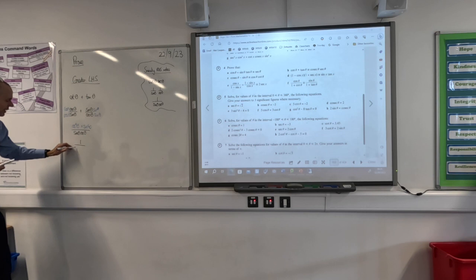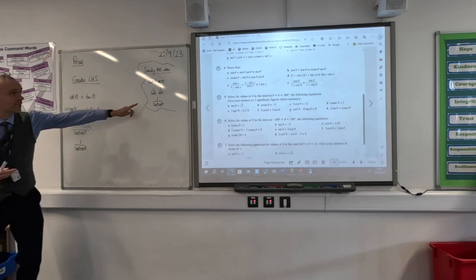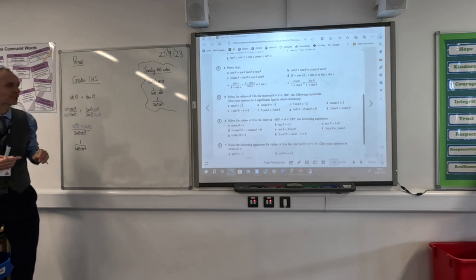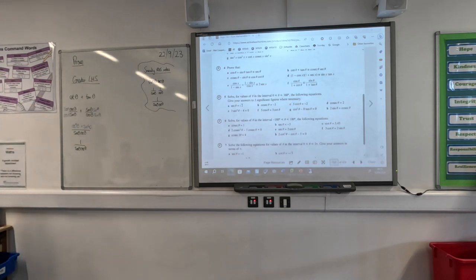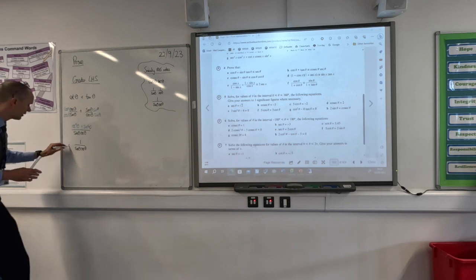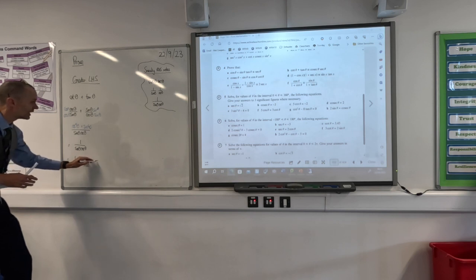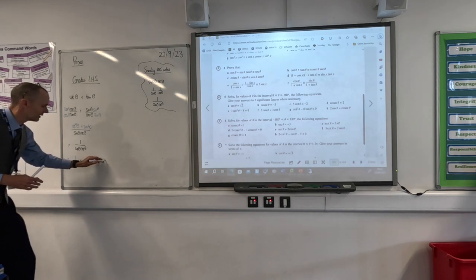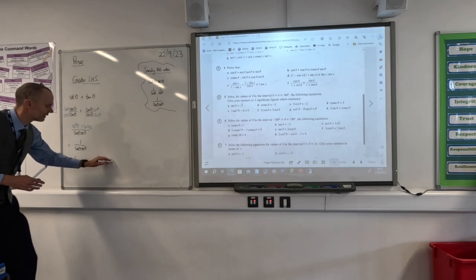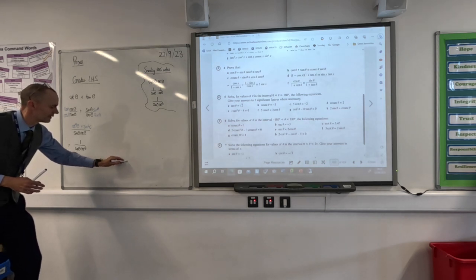So you get 1 over sine theta cos theta, which I already know, because of my sneaky right-hand side notes, that that's what we're after. But I might then say, right, which equals 1 over sine theta times 1 over cos theta, which equals cosec theta sec theta as required.